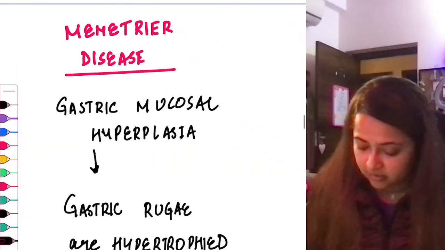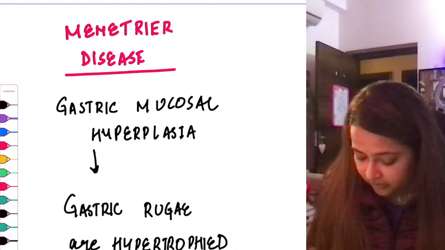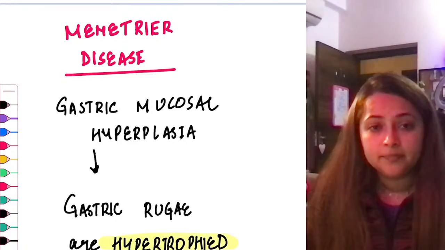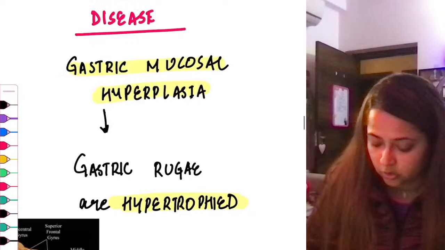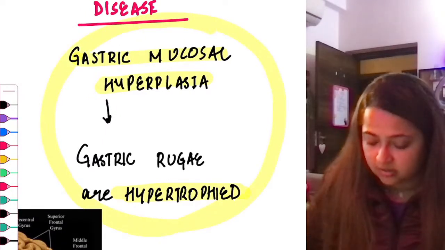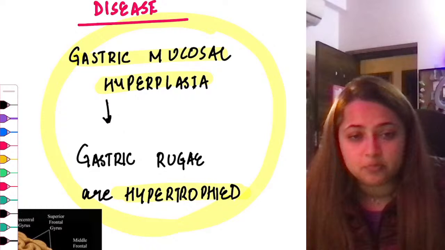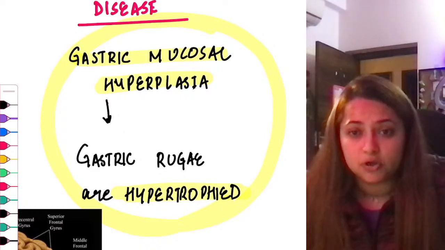What you have to remember is there is hypertrophy of the gastric rugae, and gastric mucosal hyperplasia takes place. These are the two keywords that you have to remember regarding Menetrier disease: gastric mucosal hyperplasia and hypertrophy of the gastric rugae.